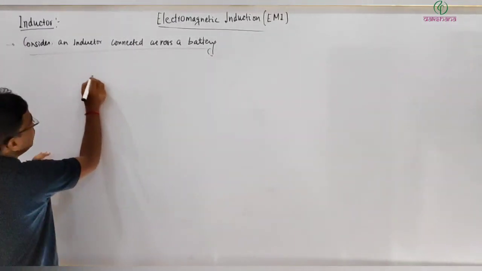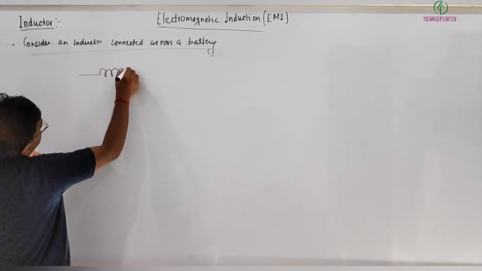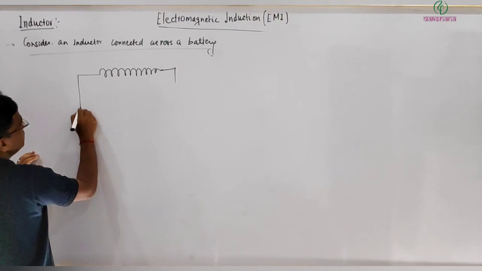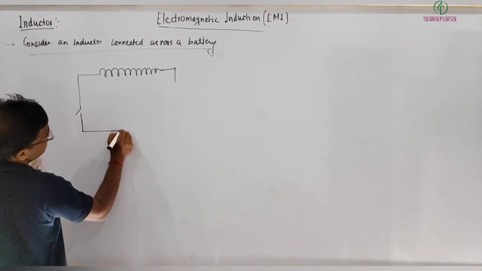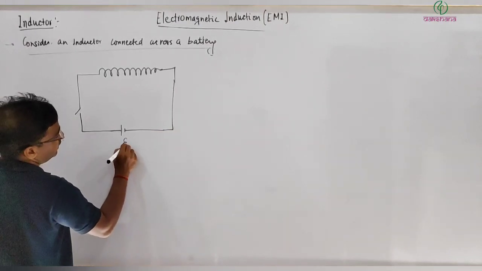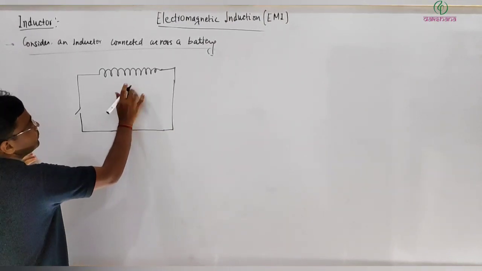So we have here one inductor and one switch, and this is another battery. So it's connected across a battery of EMF E, inductor L.